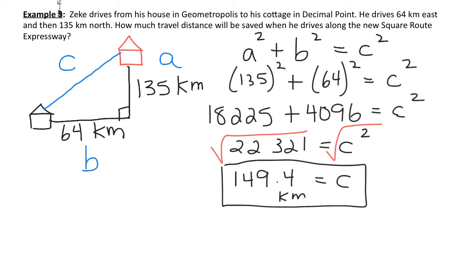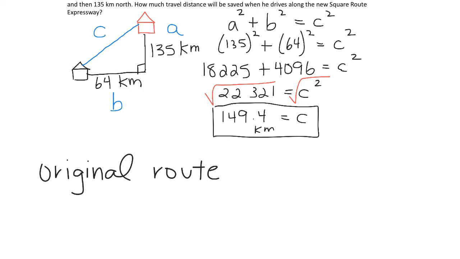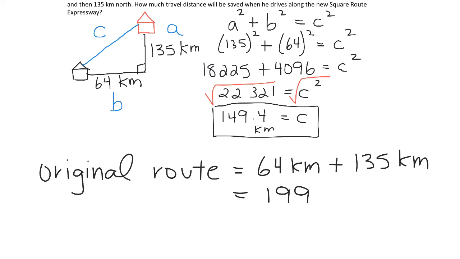And so to do that, we will have to subtract the two values from each other. So remember, the original route had a path that was 64 kilometers plus a path that was 135 kilometers. So altogether, that was a journey that was 199 kilometers in length.